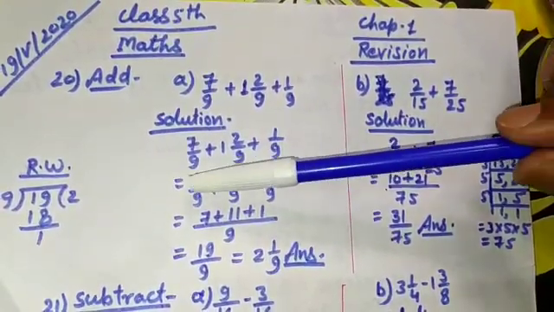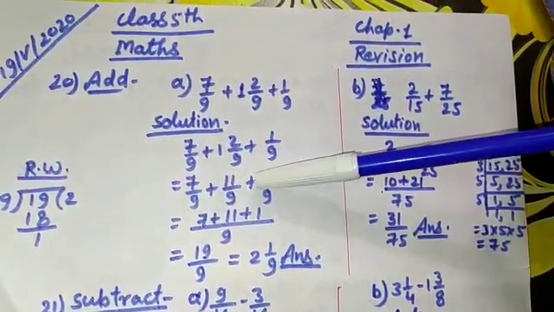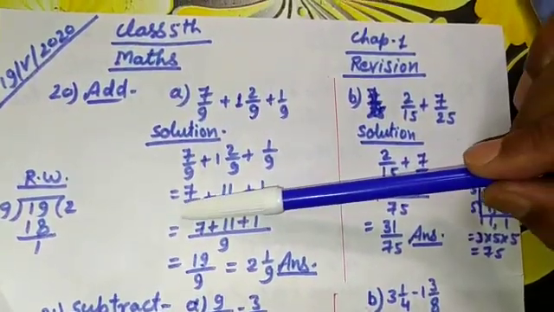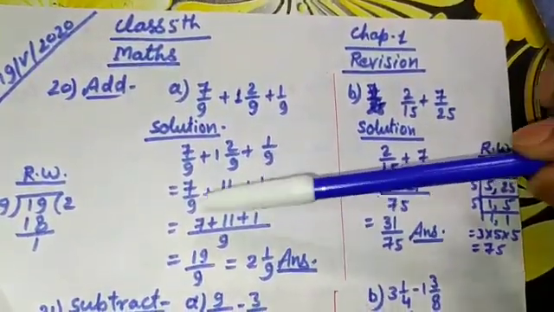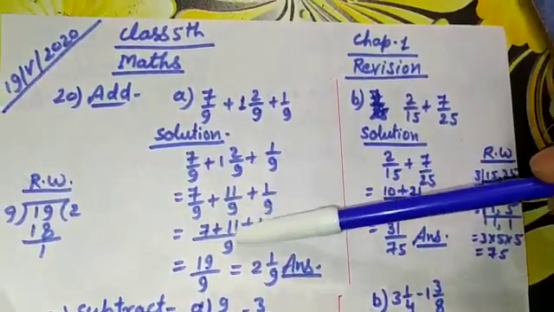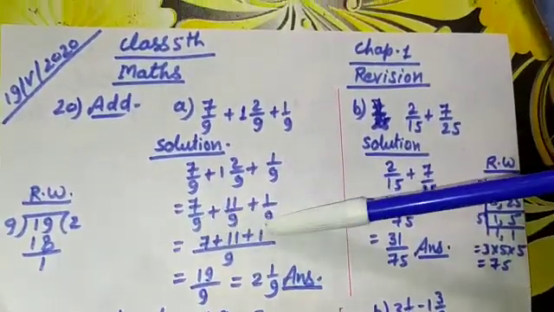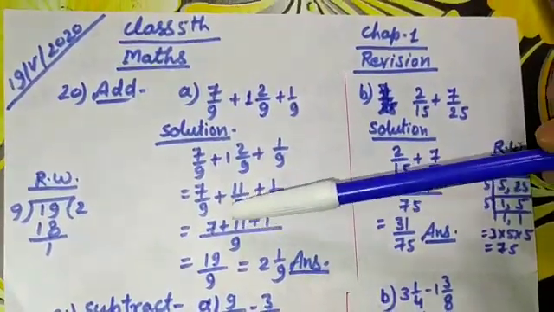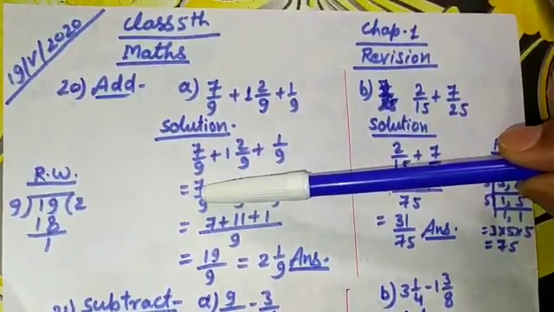For adding these fractions, first we will see whether the denominator is the same or not. Here the denominators of all fractions are the same, therefore the LCM will be 9.